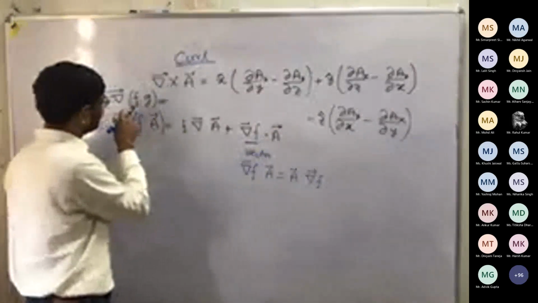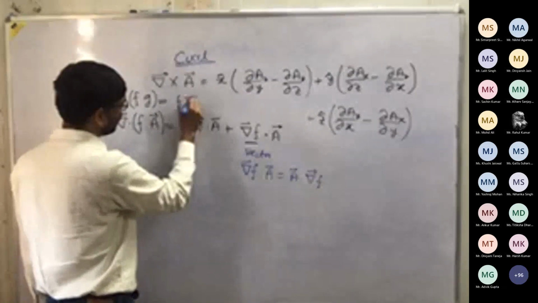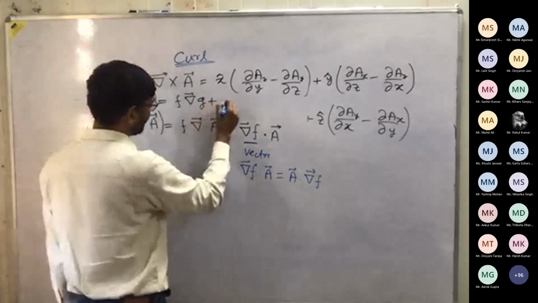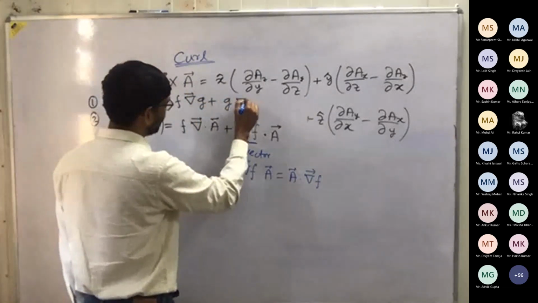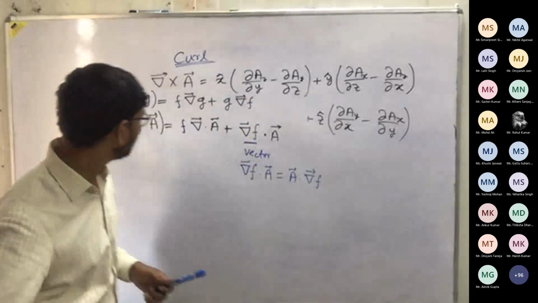So you can take f out and then gradient on g, plus you can take g out, gradient on f.